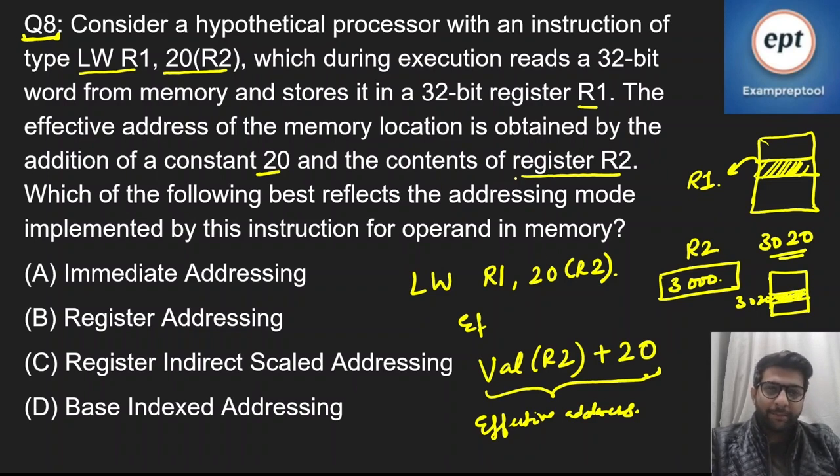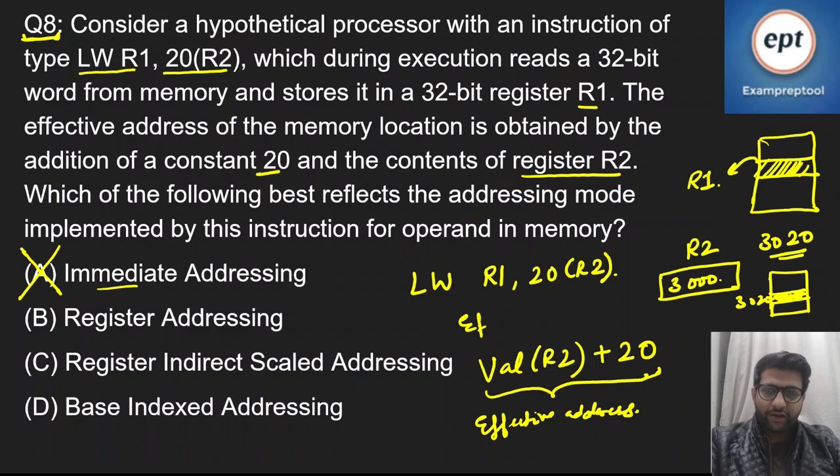Which of the following best reflects the addressing mode represented by this instruction for the operand? Option A is saying immediate addressing. This is wrong, because in immediate addressing the operand itself is stored in the instruction, so we do not have a concept of effective address.